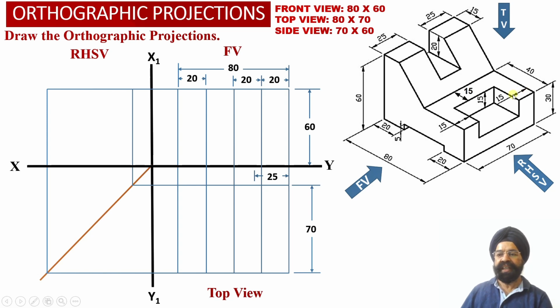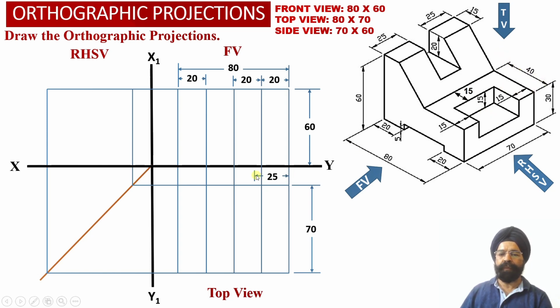So this depth is 15, this depth is also 15, and this width is also 15. So if this width happens to be 15 millimeter, the width of this rectangular slot will be equal to 25 millimeter, because this distance happens to be 40 millimeter.